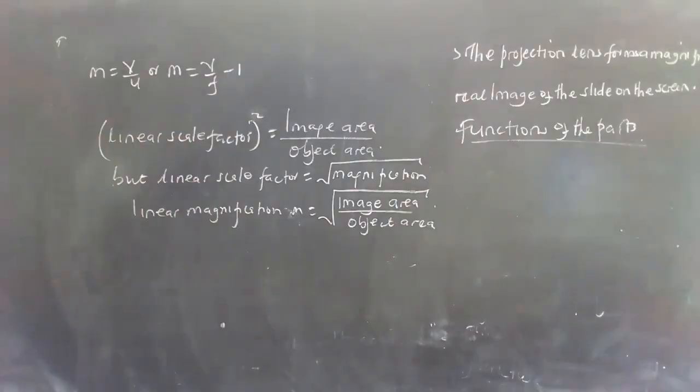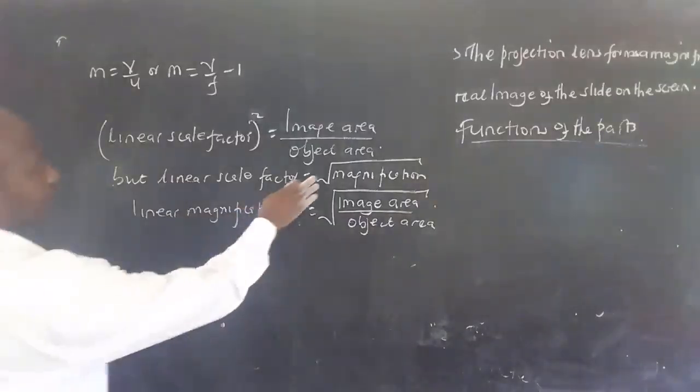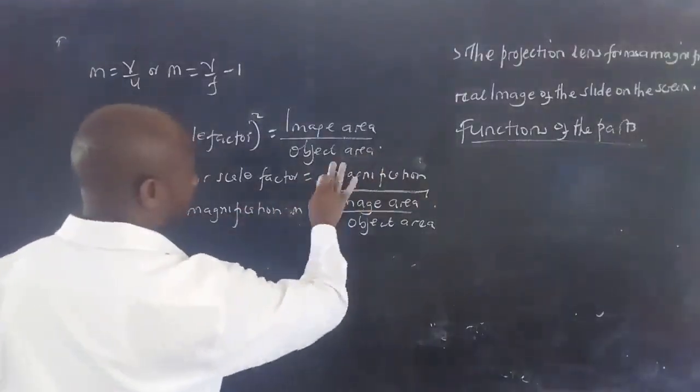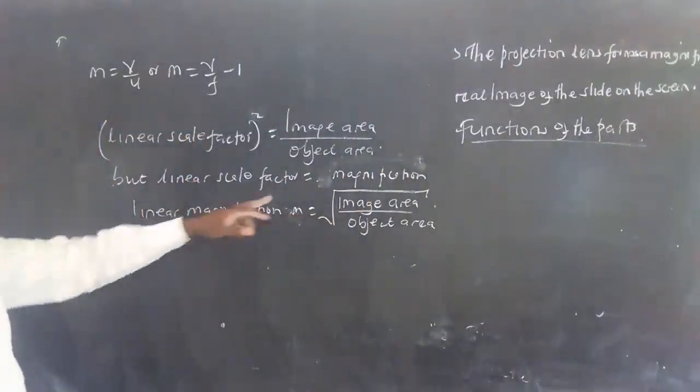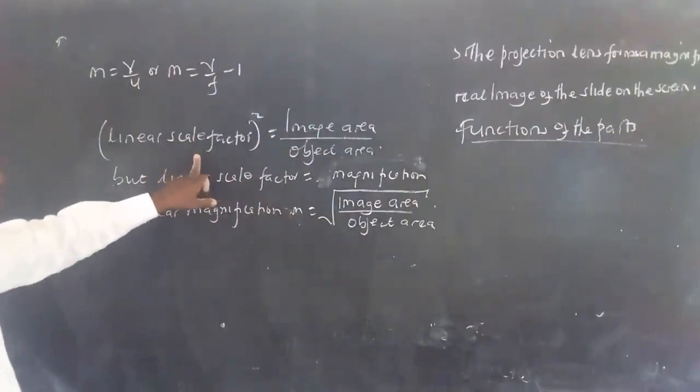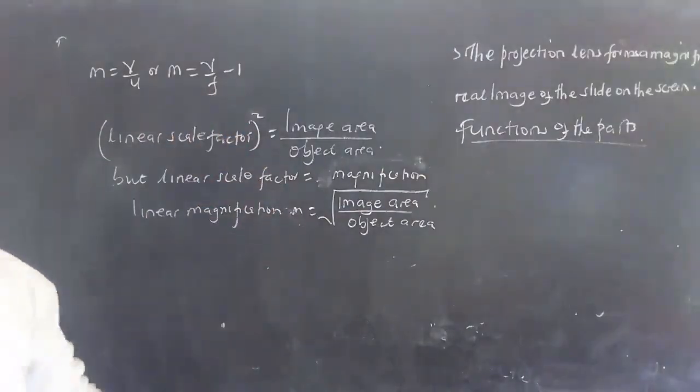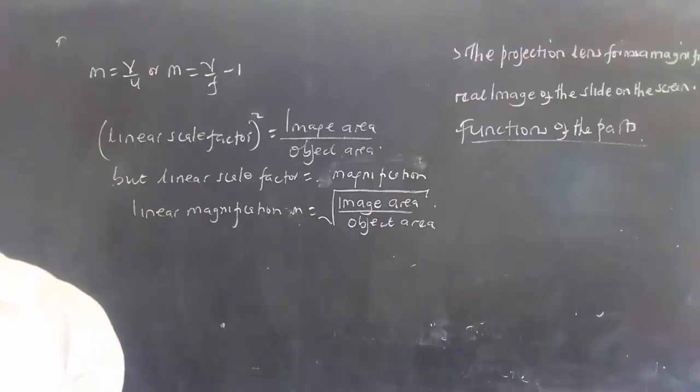So this linear scale factor is equal to this. When you put it there, magnification squared is equal to that, then take the square root. We shall use those equations and look at one example.